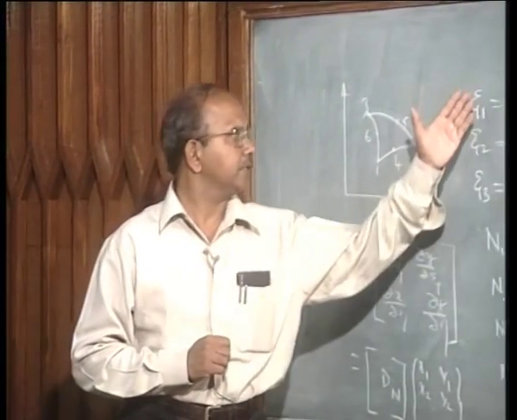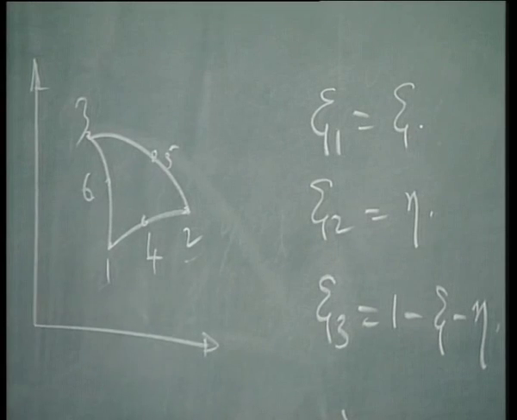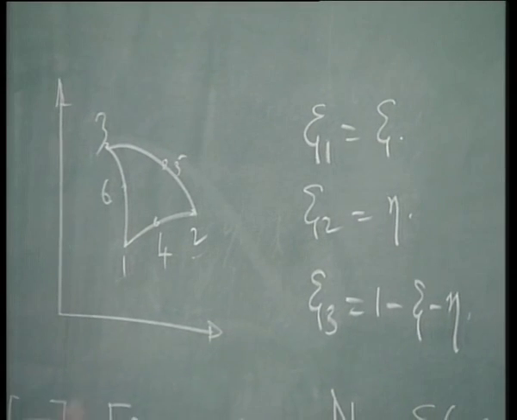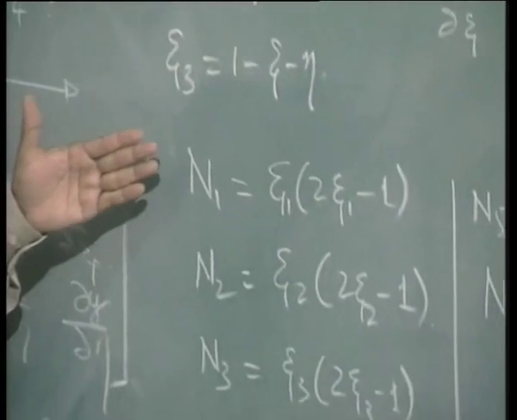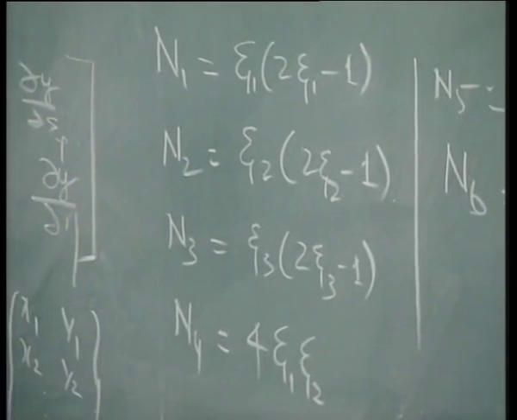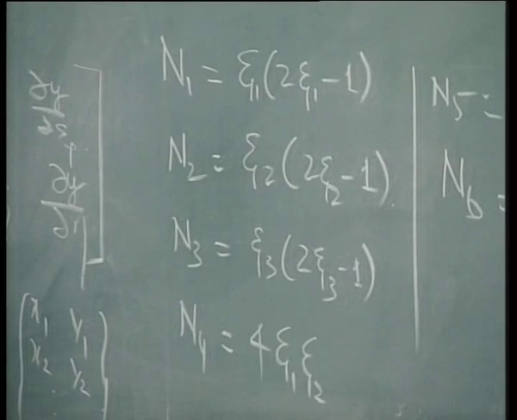That is the first thing I did. And then this was followed by my writing down N1, N2, N3 and so on in terms of psi 1, psi 2, psi 3. They are quadratic in nature. I have written them in such a fashion that the properties of our shape functions are satisfied.